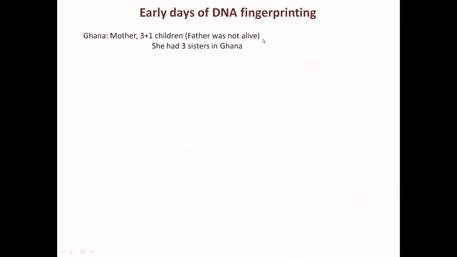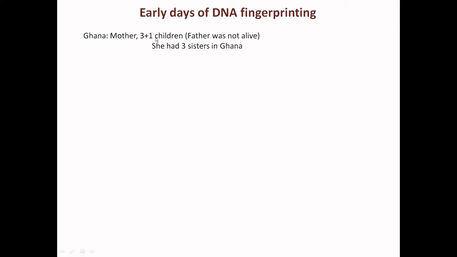The early days of DNA fingerprinting go back to a couple from Ghana. They migrated to the United Kingdom. This couple had 4 children. One of these children moved from the UK to Ghana. When he was returning, there was a problem in the identification of this child.